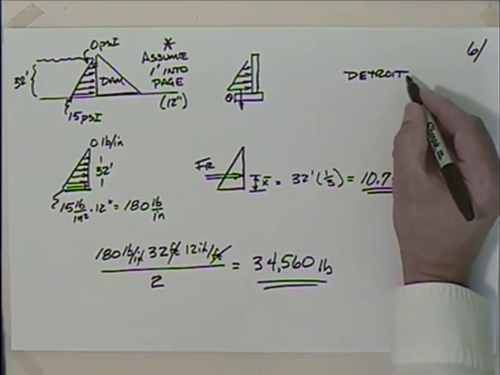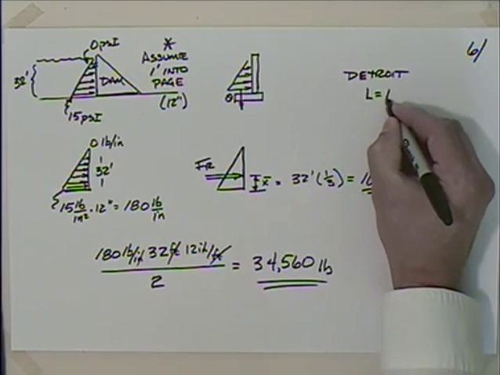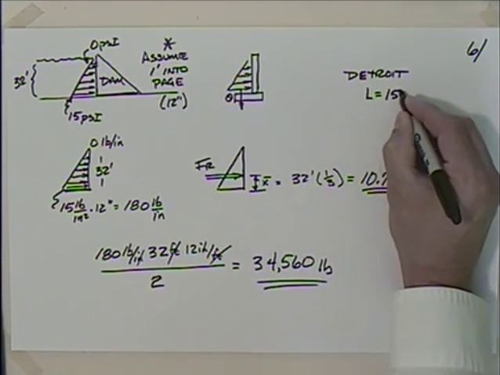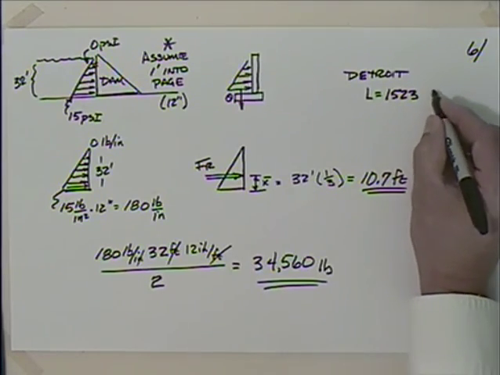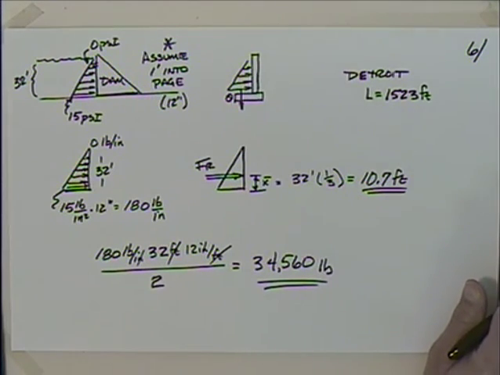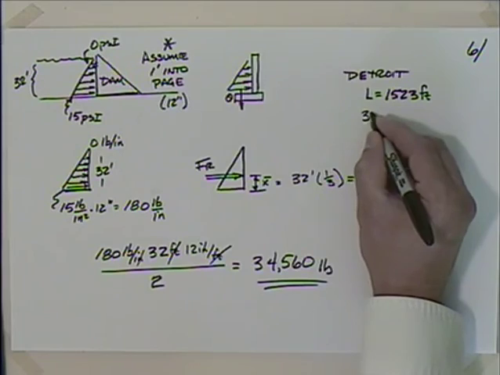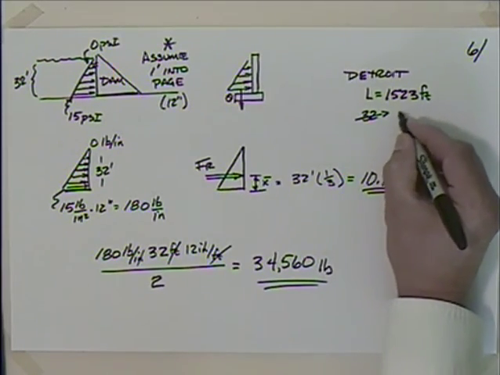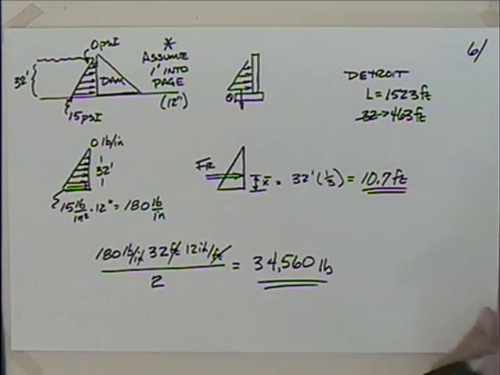So the Detroit Dam length is 1,523.5 feet. We'll just call it 1,523 feet. So now multiply these numbers with 1,523, and then the height is not 32, but rather 463 feet.